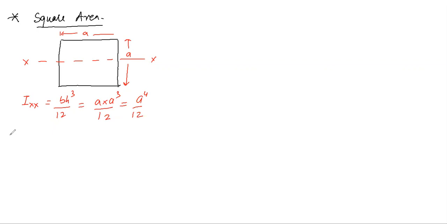Always remember one thing, this is one of the important things I believe you should know. If this is the case, and you have to calculate the moment of inertia about this one also, and the moment of inertia about this axis about x is also the same, as you defined in a simple condition.